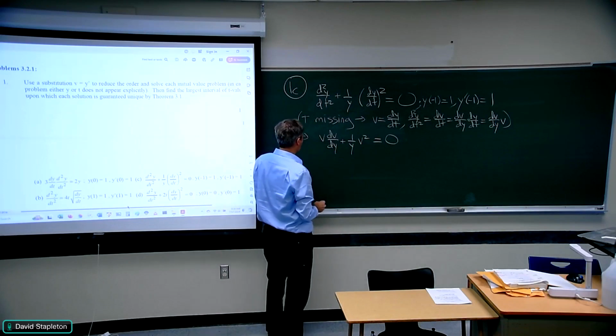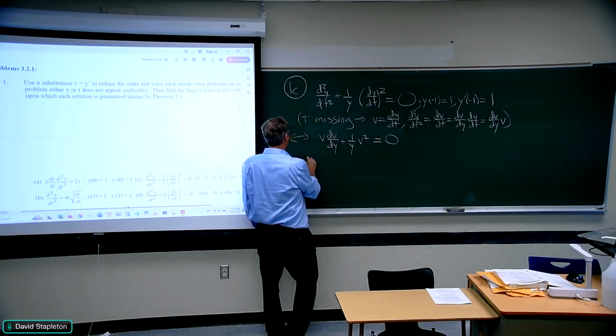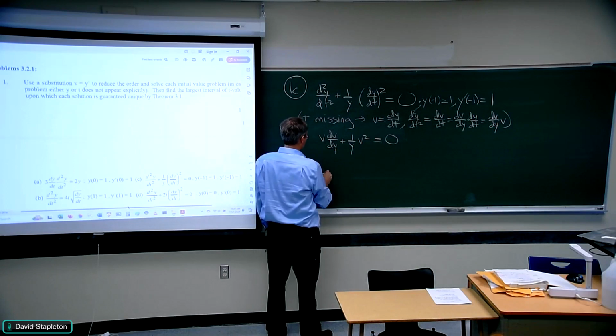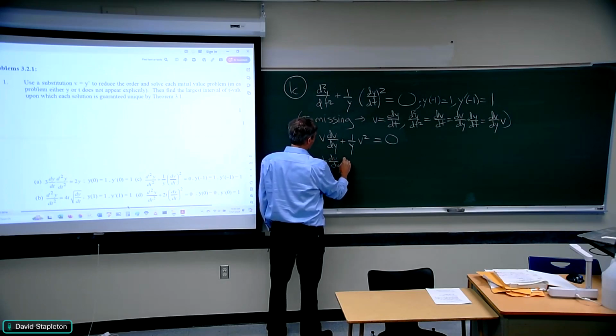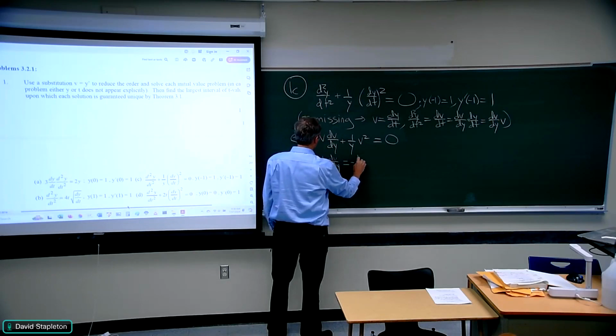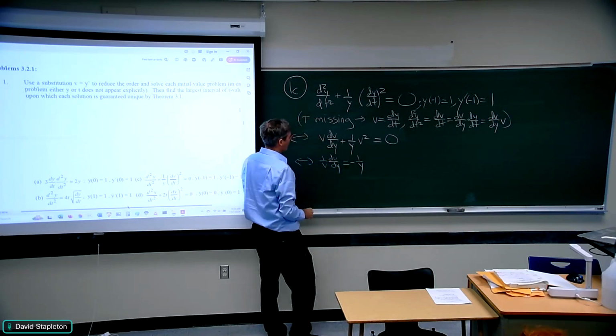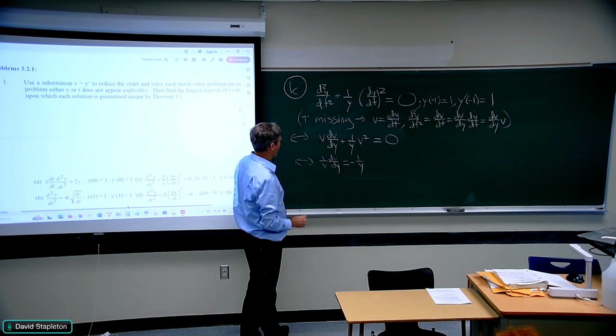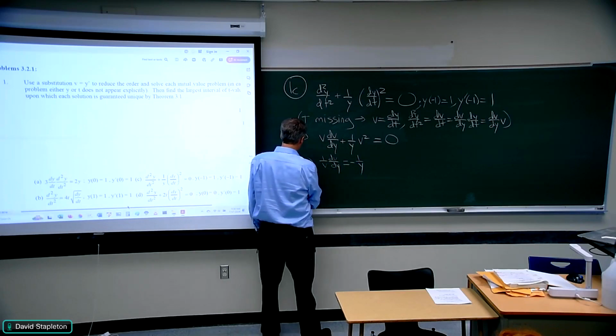Well, what does it look like? If I divide that through by v squared, I get 1 over v dv dy plus 1 over y equals 0, and I can subtract 1 over y from each side, right? That equals minus 1 over y. And notice all I've got to do is multiply by dy, and the variables are separated.